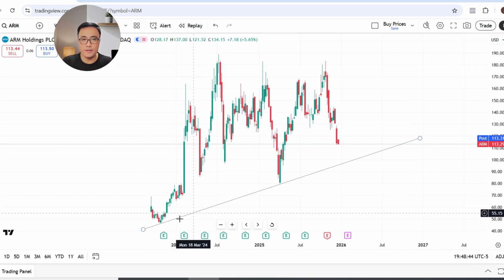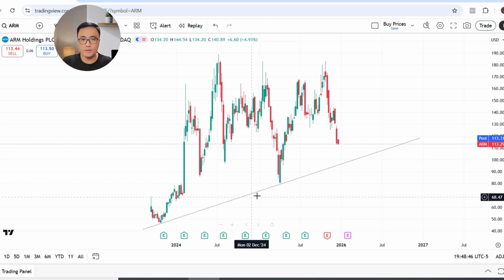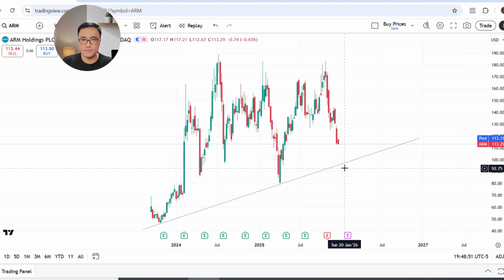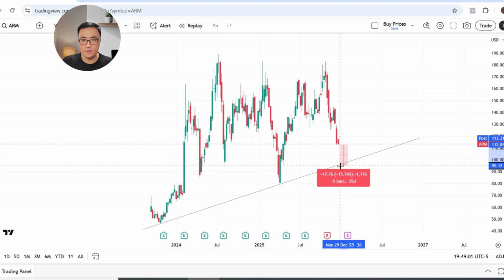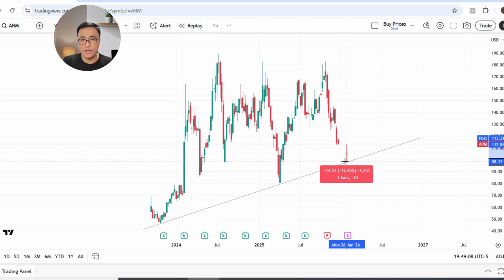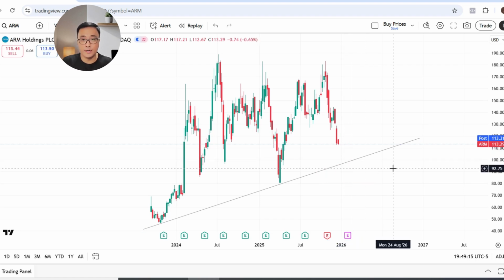I drew a trend line connecting this point to this bottom, and this concerns me, right? If it comes down to touch support here, then we're looking at a possible drop of 10% plus. And that would land anywhere between, let's see, $90 to $100. So that's very, very possible.